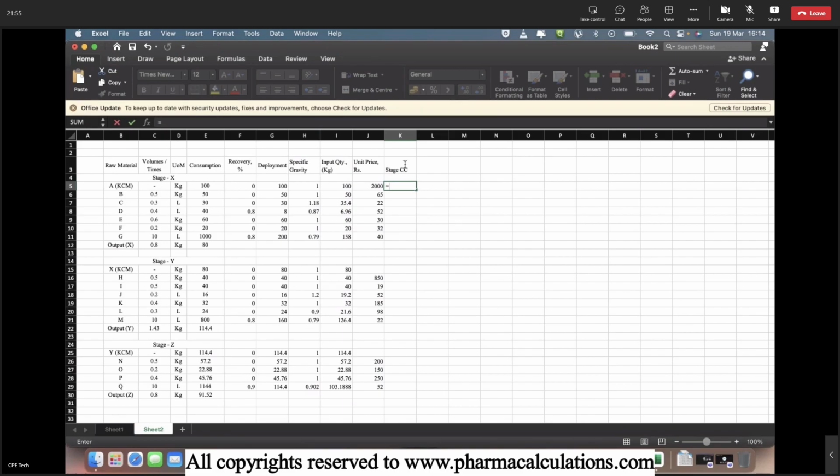So just divide the input quantity in kgs with the output here. So just try to apply dollar and just drag it. Similarly, this is going to be the same, the input quantity divided with the output.